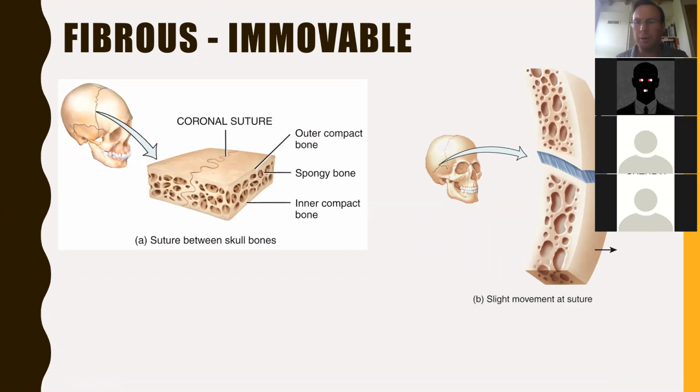So immovable fibrous joints are where bones have joined, usually through cartilage or two points of cartilage just joining together and creating a fibrous junction between 2 bones. So we describe it as a joint, but really we don't really consider movement as happening.